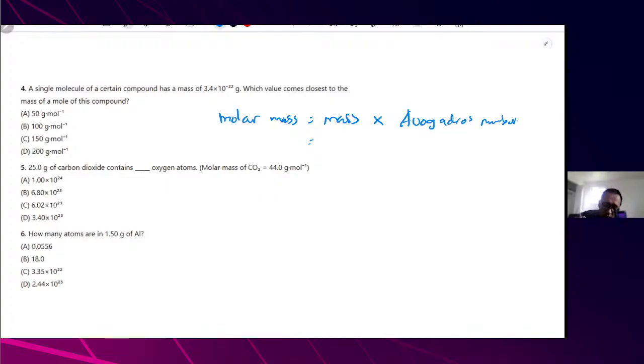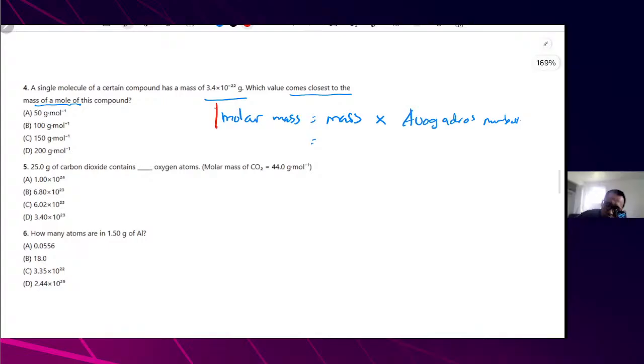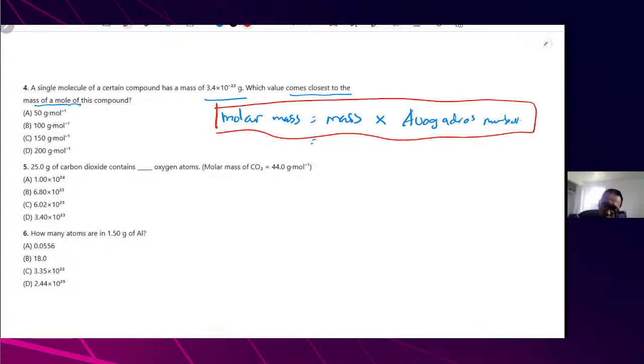A single molecule of a certain compound has this many grams, which value comes closest to the mass of a mole of this compound? Use this formula, grams per mole. So now we just need to plug in this one. It's very easy.